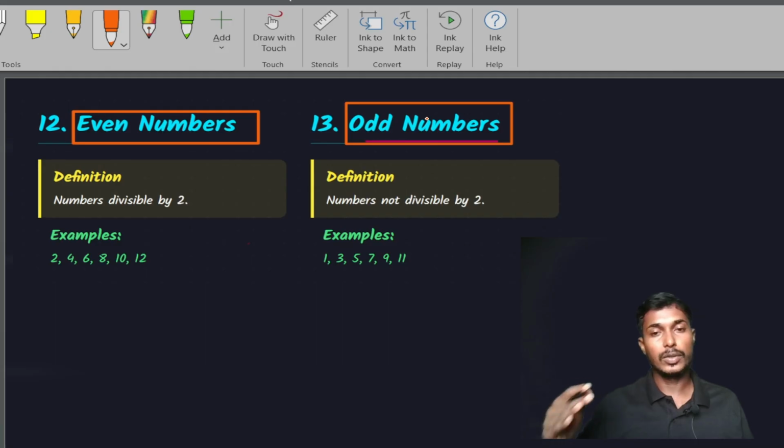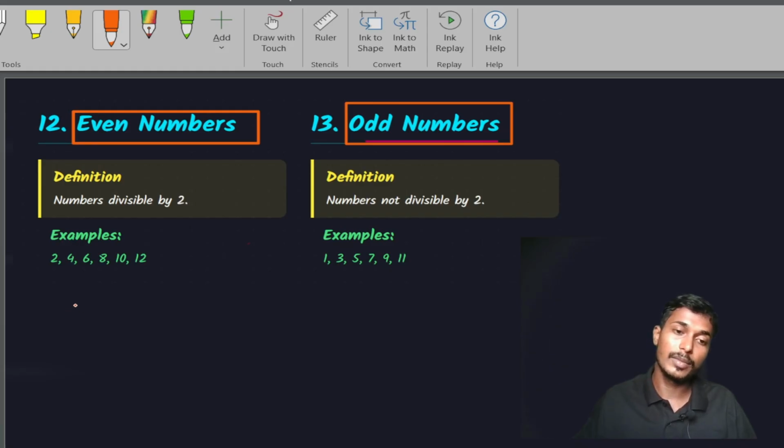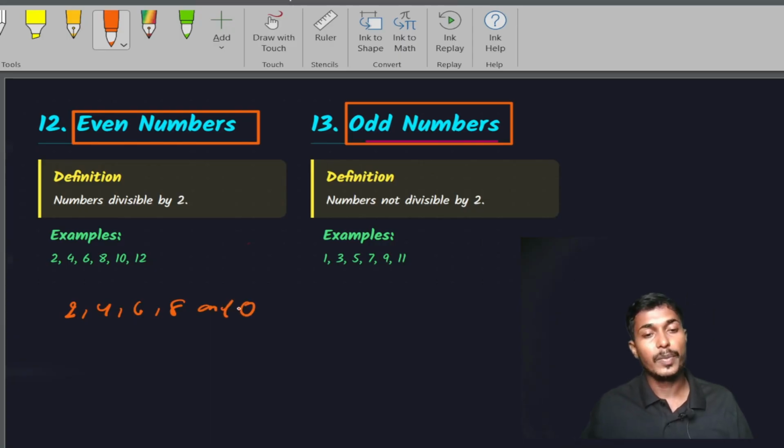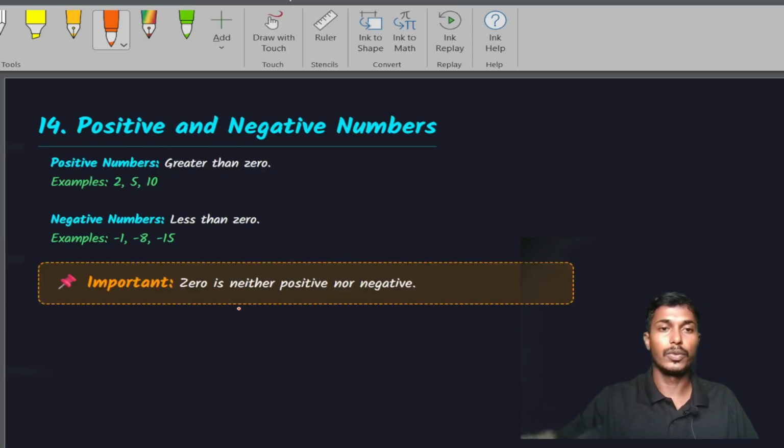I will also teach all this in our basic lectures, but for the time being, just understand that any number that ends with 2, 4, 6, 8 or 0 is divisible by 2, and if a number does not end with any of these digits, then it is an odd number. I hope this is clear to you now.